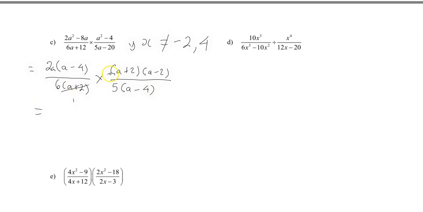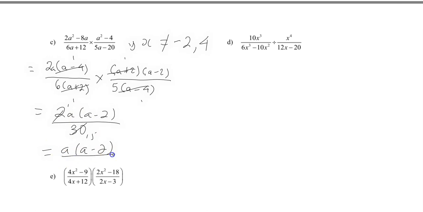Common top and bottom, that's a 1. That's a 1. A minus 4. That's a 1. That's a 1. I could do a little more simplifying, but you know what? Let's just go with 2a times a minus 2, 2a, a minus 2. 6 times 5 is 30. So we get a times a minus 2 all over 30.